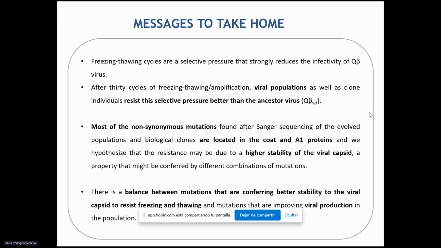So we hypothesize that the resistance comes from a higher stability of the viral capsid. And finally, there is a balance between mutations that are conferring better stability to the viral capsid to resist the freezing and thawing cycles, and mutations that are improving viral production.